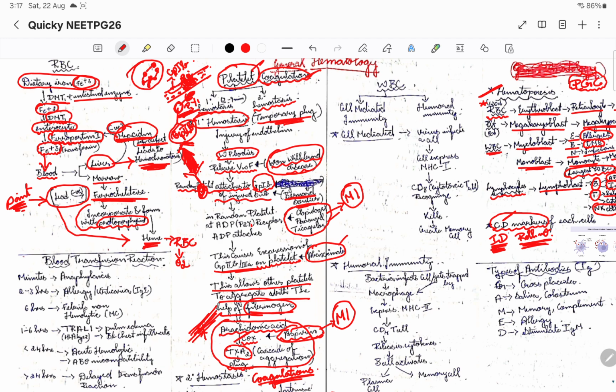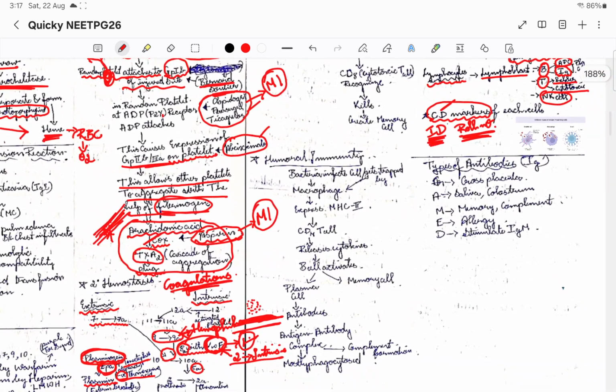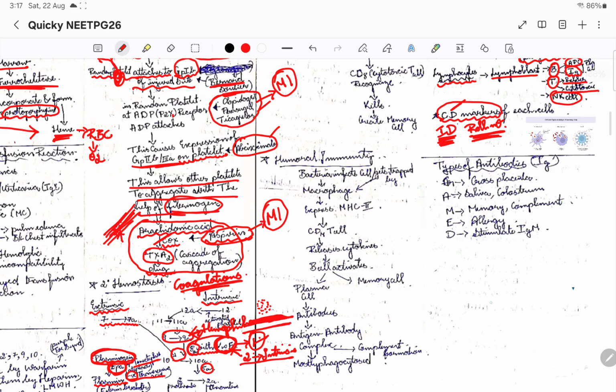So to measure this entire coagulation pathway, I require some investigations. To know whether the coagulation pathway is affected or not, I need to do some investigations, right? So the investigations are bleeding time, PT and APTT.